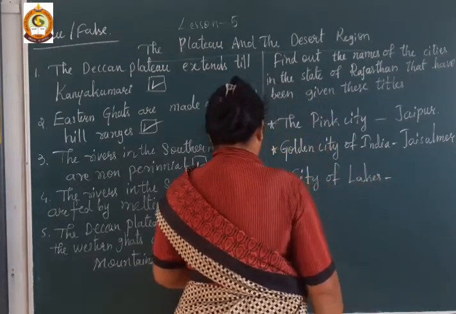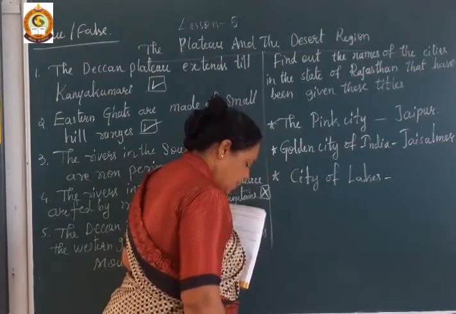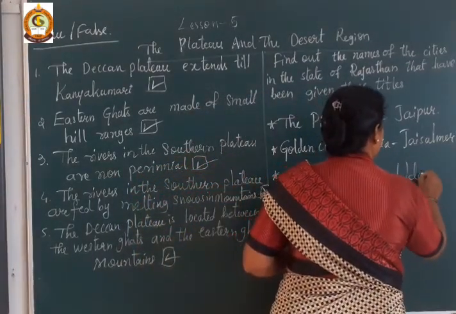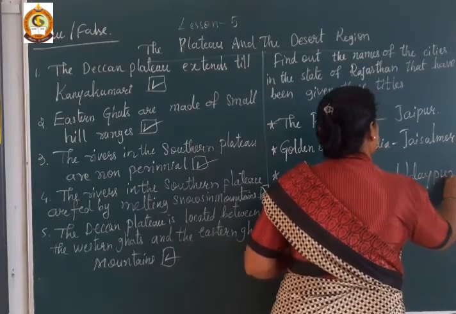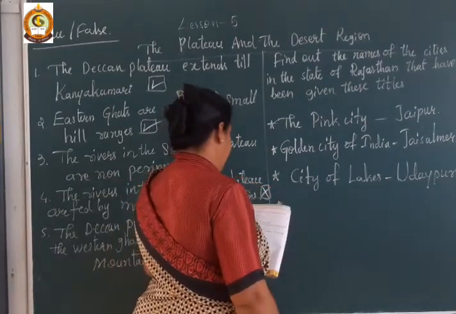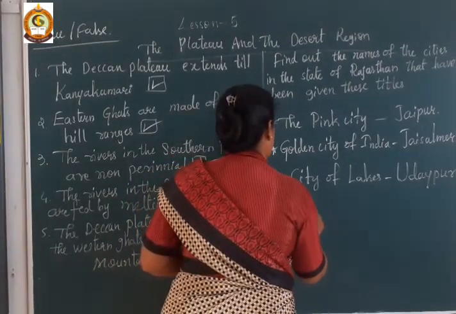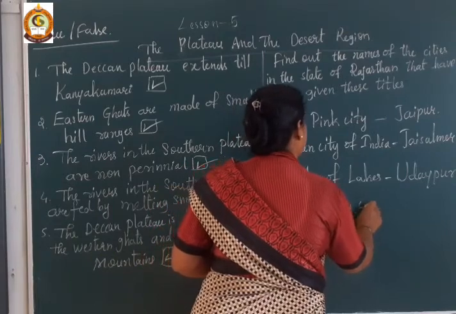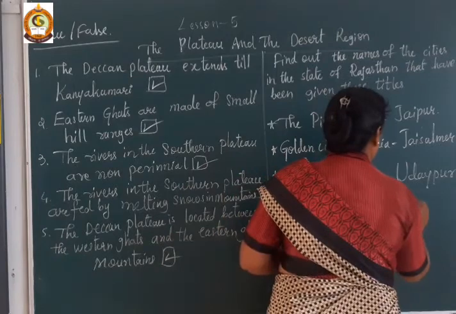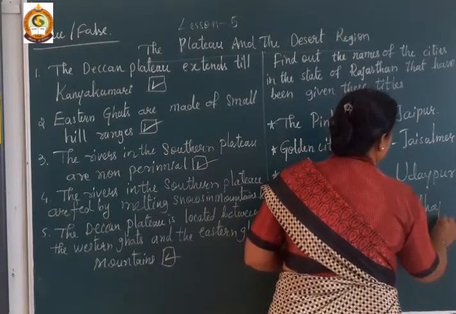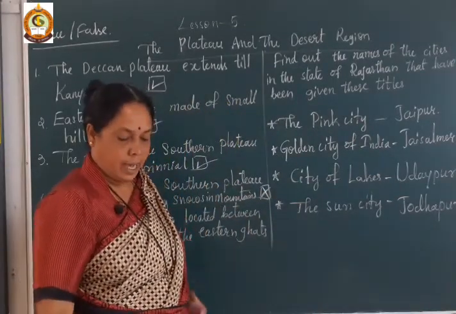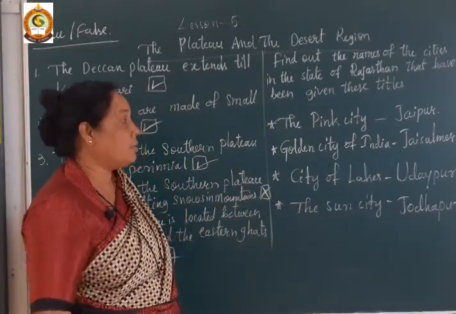Which city is called the city of lakes? Udaipur. Udaipur is called the city of lakes. Next, the sun city. Jodhpur. Yes, Jodhpur. For Jodhpur city, they have given the title the sun city.